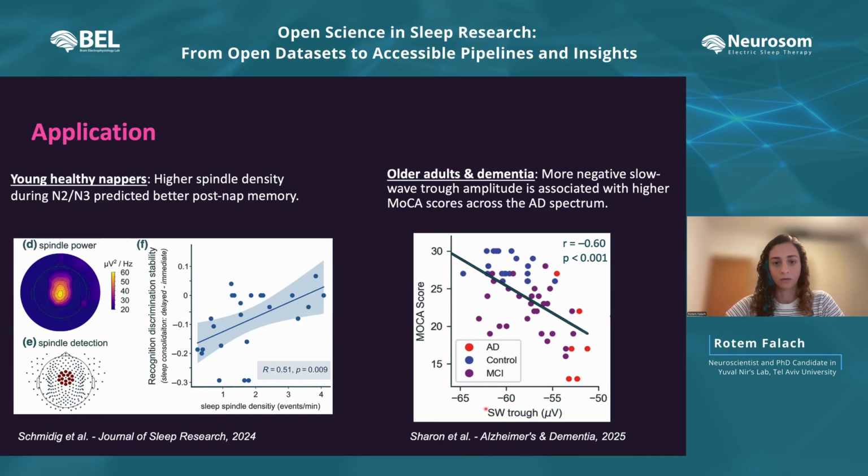So we found that the slow wave trough, which means the negative peak of the slow waves, when it's more negative, then the cognitive score is higher. When it's less negative, which means it's smaller, because when it goes more negative, it means the amplitude is higher, this is correlated with lower MoCA scores. This was published by Omer Sharon, also another colleague from my lab, a few months ago.